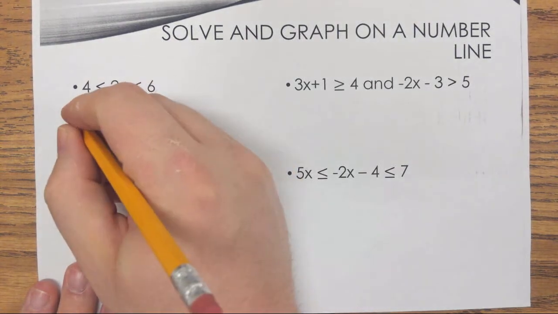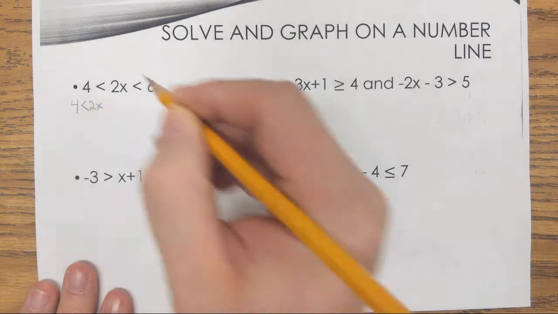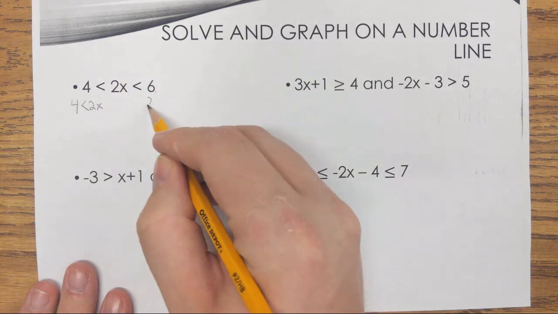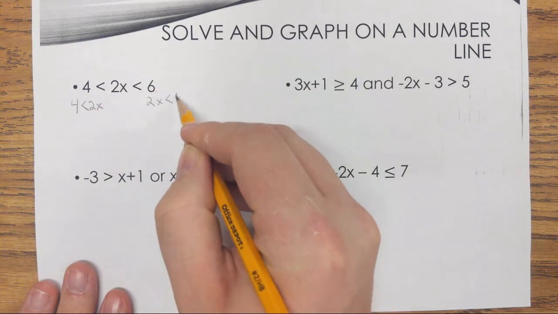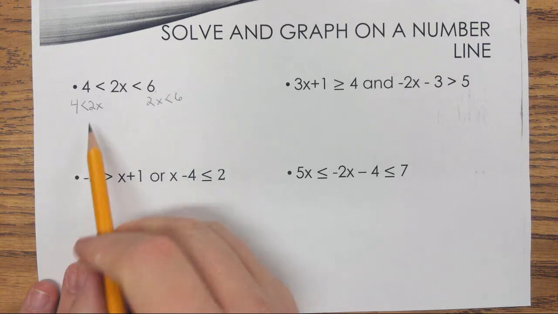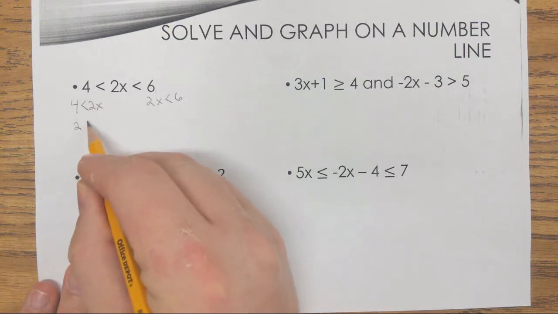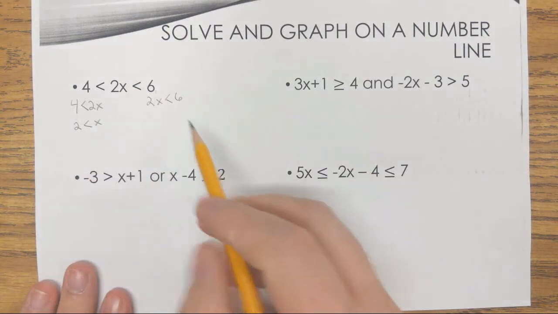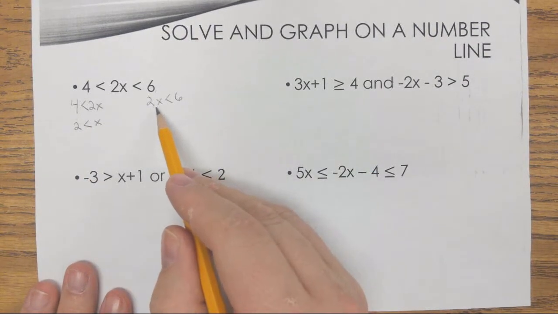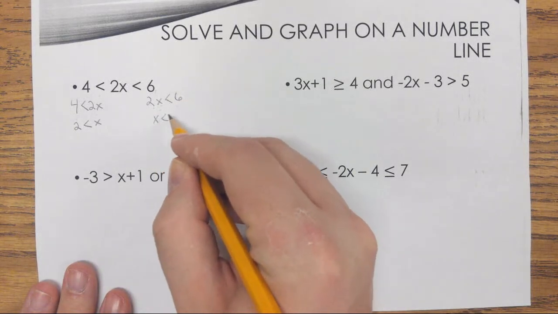So I'm going to think about this as one inequality over here, 4 is less than 2x, and then a separate one over here, 2x is less than 6. Using our previous knowledge of working with inequalities, we're going to divide both sides by 2 and get 2 is less than x. Over here, we divide both sides by 2 again and say that x is less than 3.